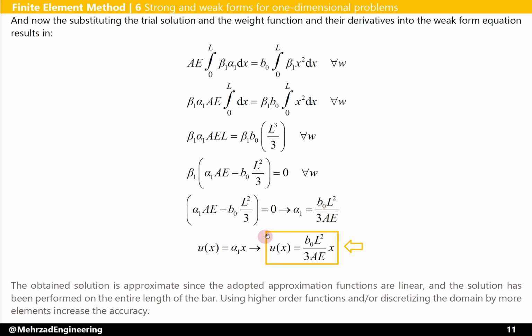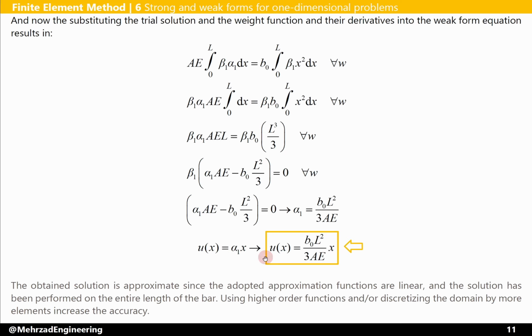Substituting alpha 1 into the equation of u of x, we could find the displacement function for the bar: u of x is equal to beta 0 times L to the power of 2 divided by 3AE times x.